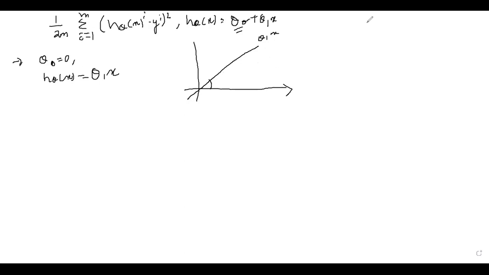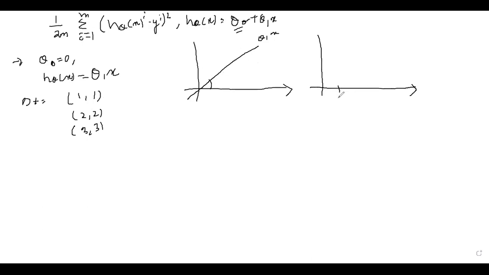Passing through the origin. Now, suppose I have some data points. Let me assume I have the data points 1 comma 1, 2 comma 2, 3 comma 3. I will take only these and do the graph for them.